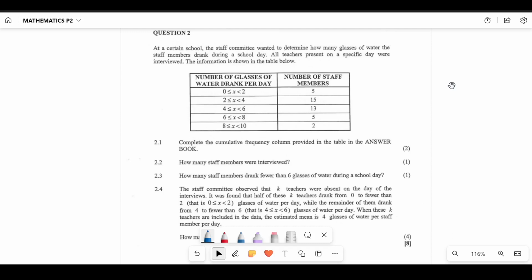Okay, now 2.1, complete the cumulative frequency column provided in the table in the answer book. So now we are not using the answer book, so let me write the cumulative frequency here.